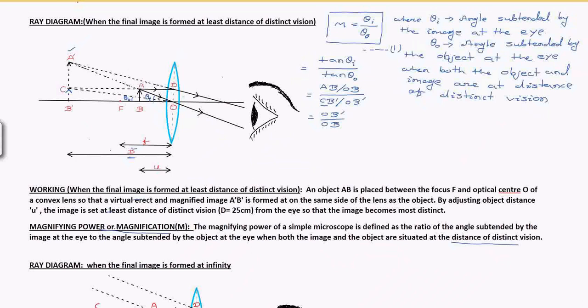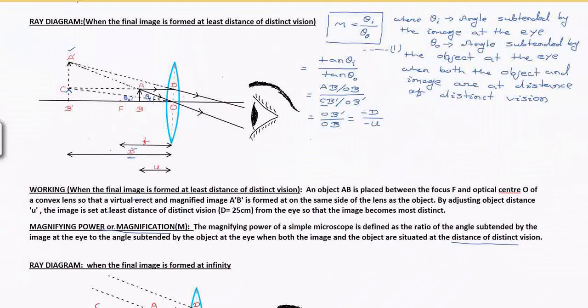OB is the object distance, and OB dash is the image distance, but the image is formed at the least distance of distinct vision. So we'll take it as minus d divided by OB, the object distance, that is minus u.